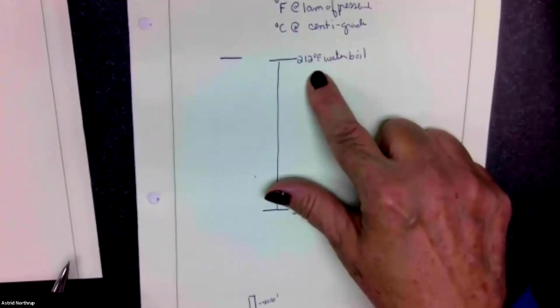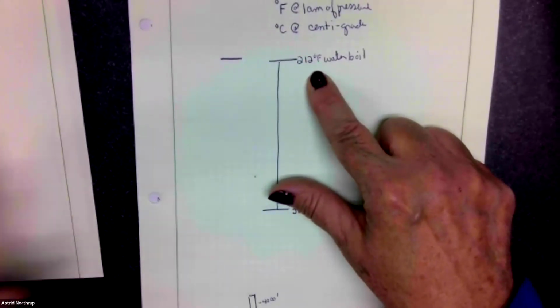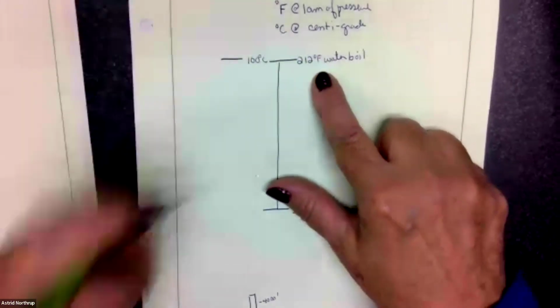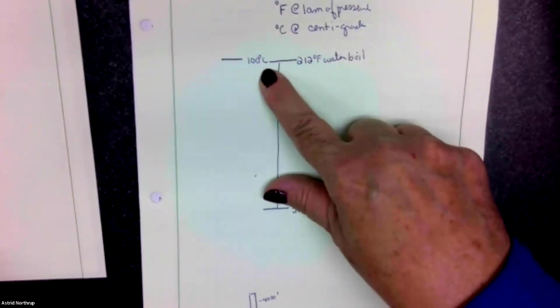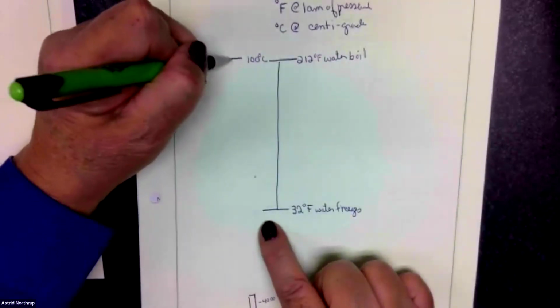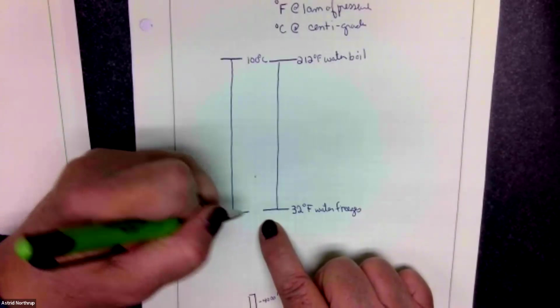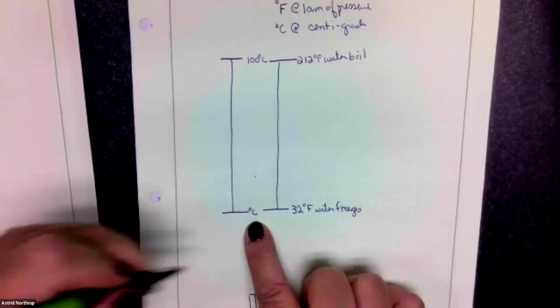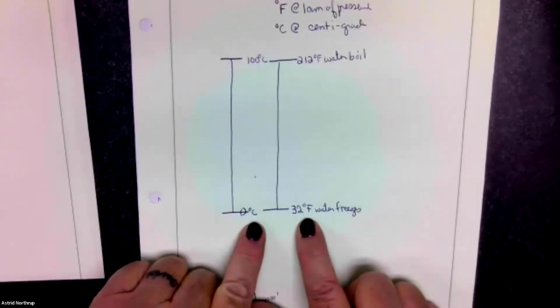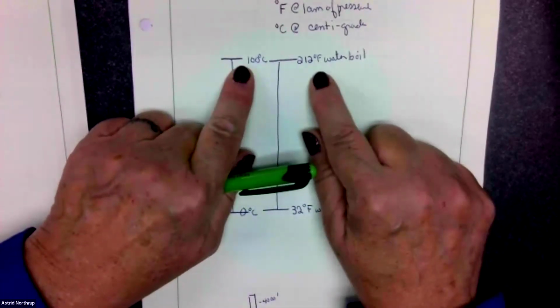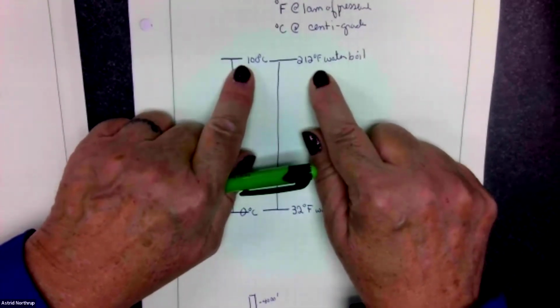So he said 212 is a stupid number for water to boil at. I think it should be 100. So he took the exact same work that this guy did, and he said, I'm going to make this 100. So what do you think he made water freeze at? 0 degrees centigrade. So that means that 0 degrees centigrade is exactly the same temperature as 32 degrees Fahrenheit. 100 degrees centigrade is exactly the same temperature as 212 degrees Fahrenheit.